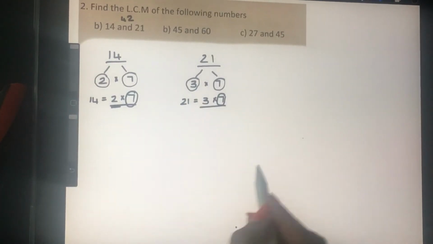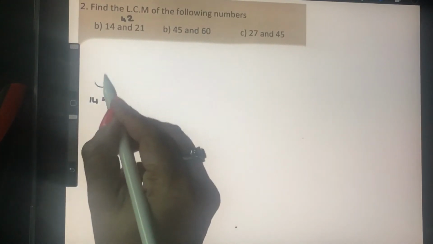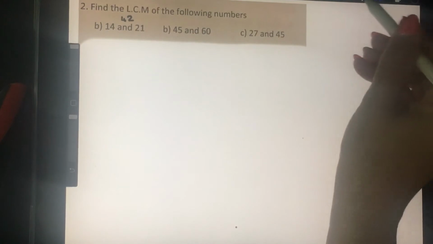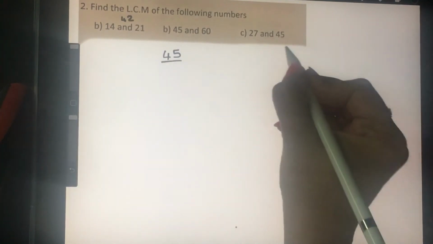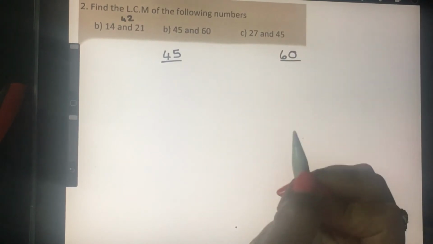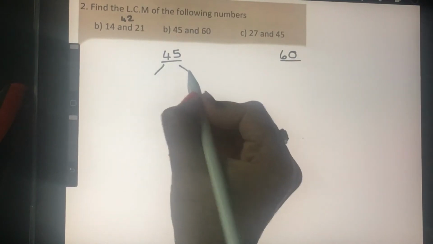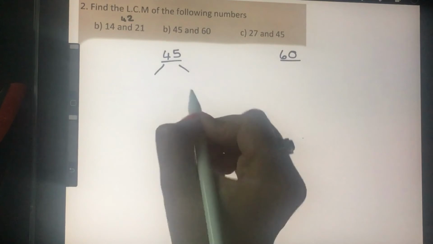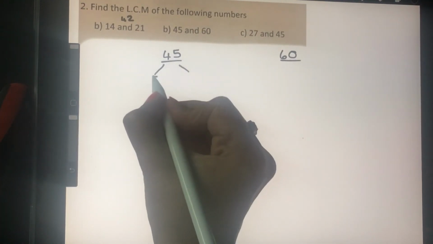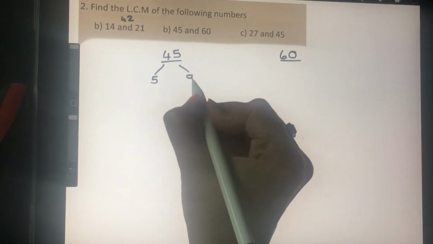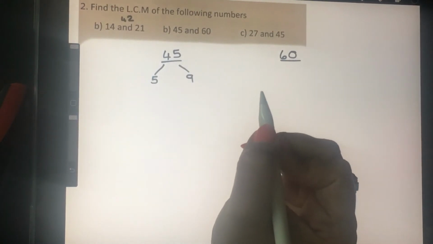Okay, now we move on to the next letter B. I see there's two B's, but now we're working with numbers 45 and 60. Okay, so again, we break up number 45 into two smaller pieces. Now you can decide how you want to do this. I am going to say 5 times 9 gives me 45.